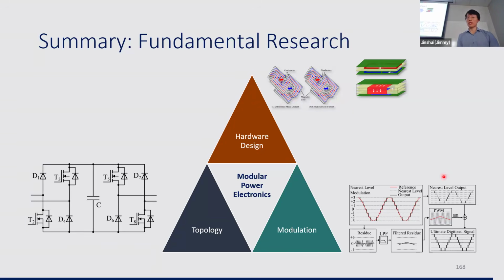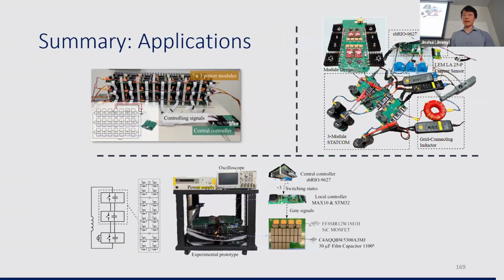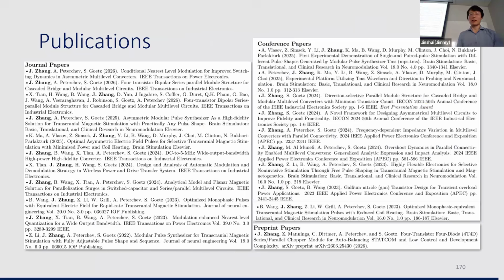And for modulation, we proposed a new approach that can allow us to handle more complex or even arbitrary reference signals. And based on these technologies, we built 3 applications: a StatCom with strong potential for power grids, a very flexible power amplifier for neuroscience research, and a new TMS solution that achieves better quality but with fewer modules.